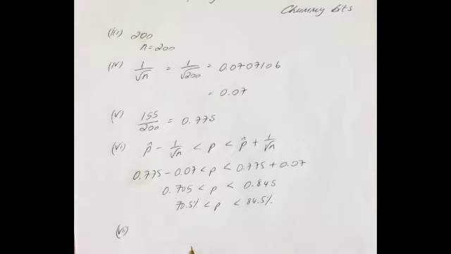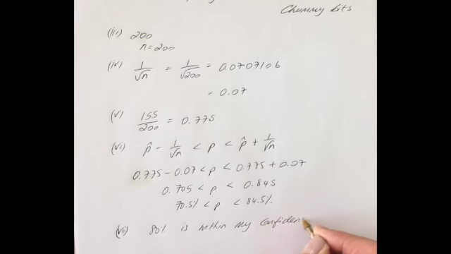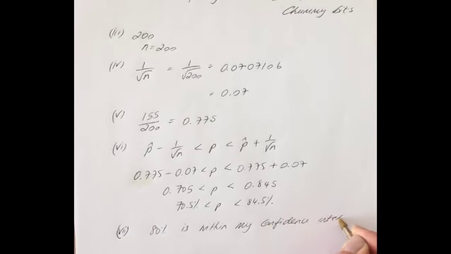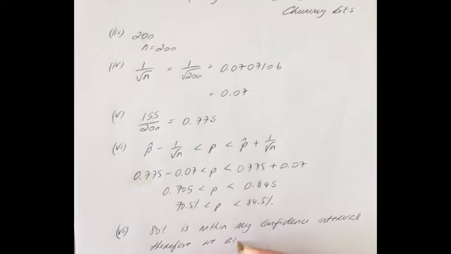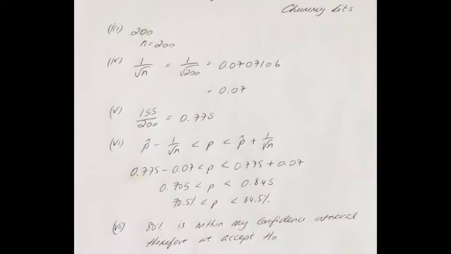The claim, if you remember, was 80%. 80% is within my interval, so therefore I can accept. So therefore we accept the null hypothesis.